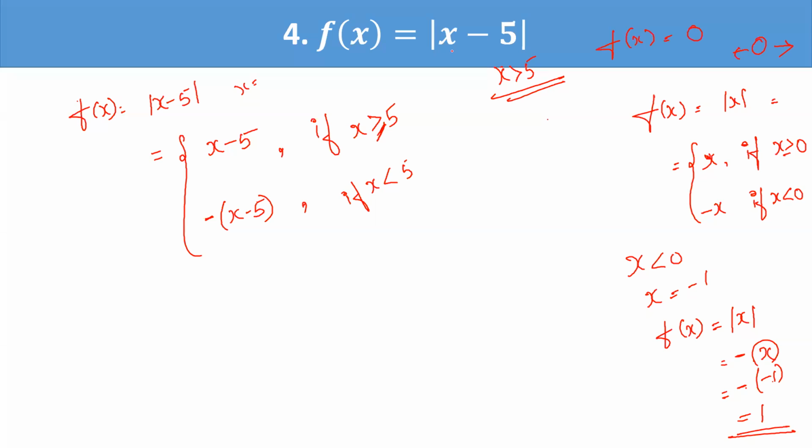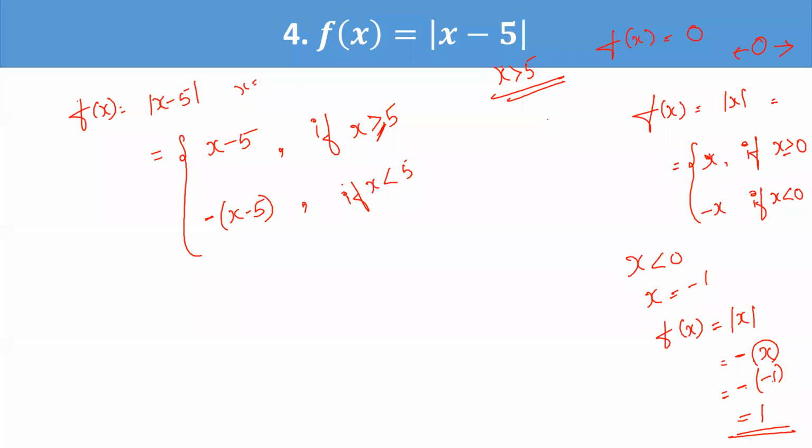If x is greater than 5 it becomes positive, and if x is less than 5 it becomes negative. If it is negative, we have to multiply by a minus, because negative into negative becomes positive. Where it is negative, we multiply by minus. Where it is positive, you have to write it as it is. That's why we have defined the function in this form.